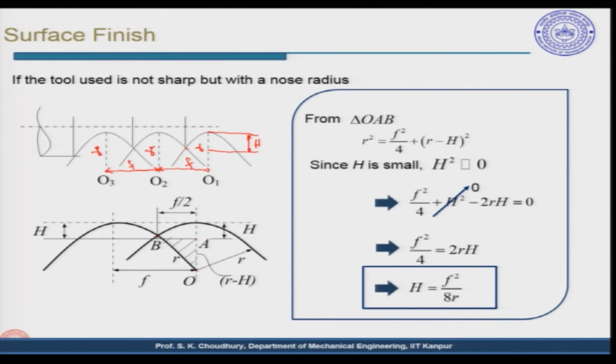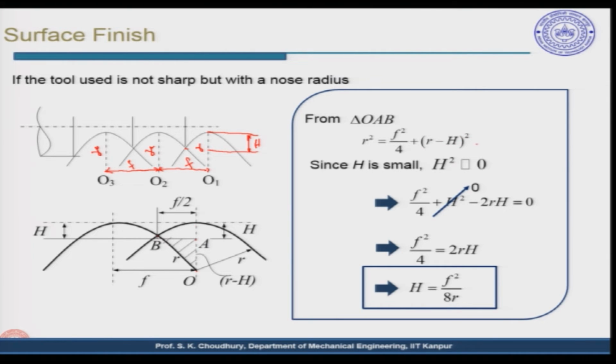So, OB is r, r square equals f square by 4, because AB is f by 2, AB square is f square by 4, plus OA square, and OA square is nothing but O to this, which is r, minus this, which is h. So, (r minus h) square.